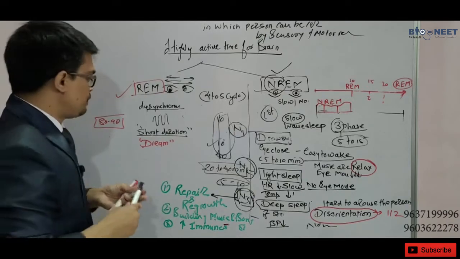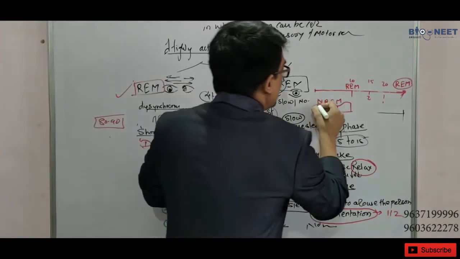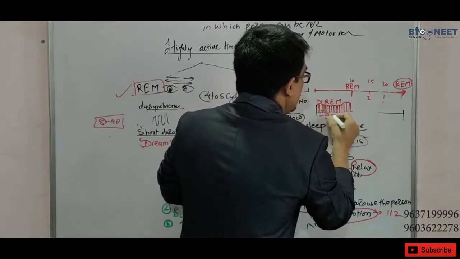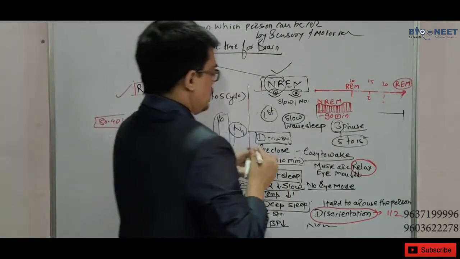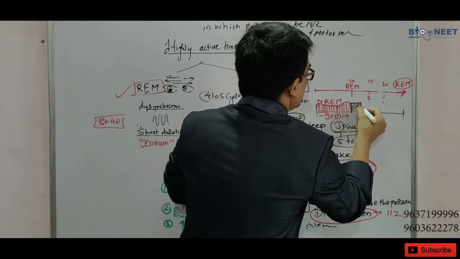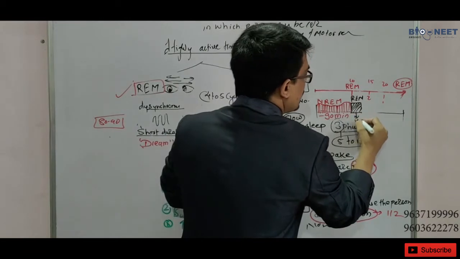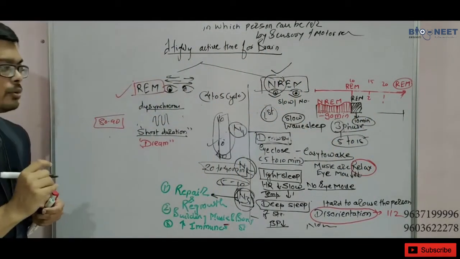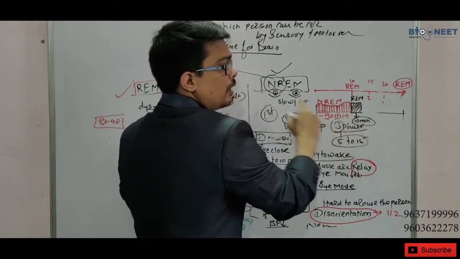First REM sleep. Now, what is the duration of REM sleep? If REM sleep is after 90 minutes, so this black color is your REM sleep. The first REM sleep is not more than 10 minutes. So 90 plus 10 is almost like 100 minutes, right?